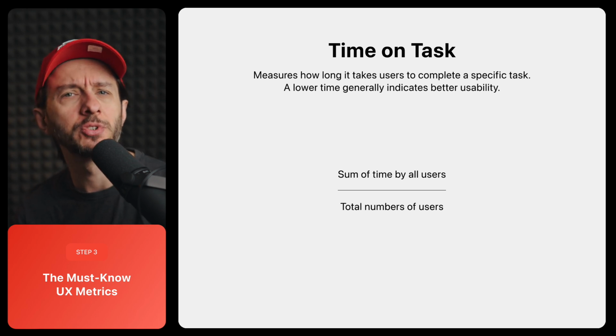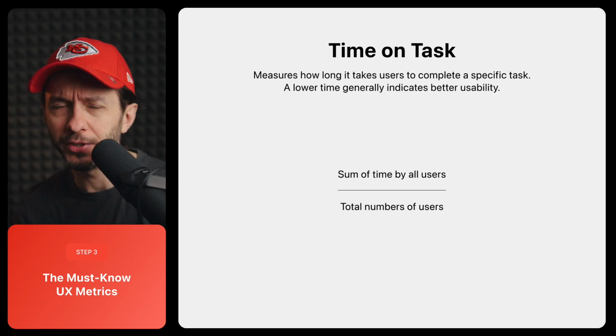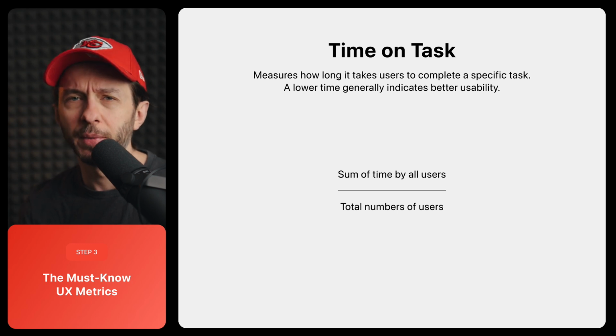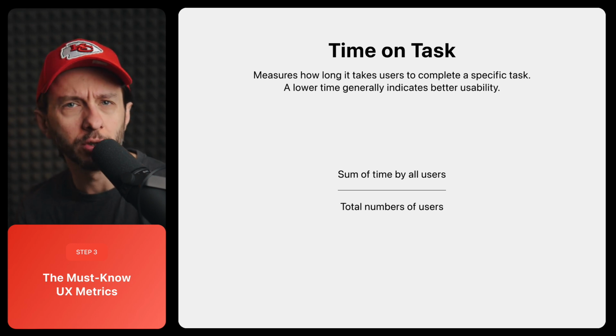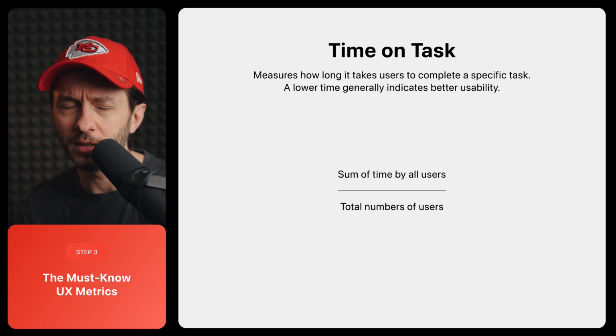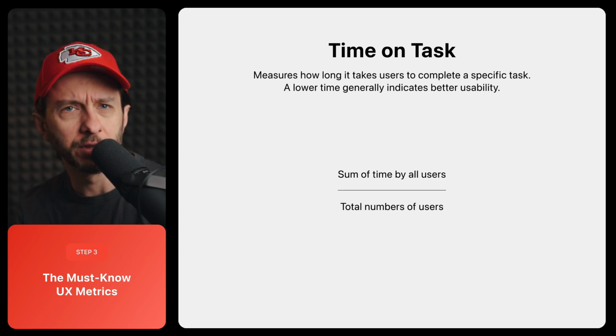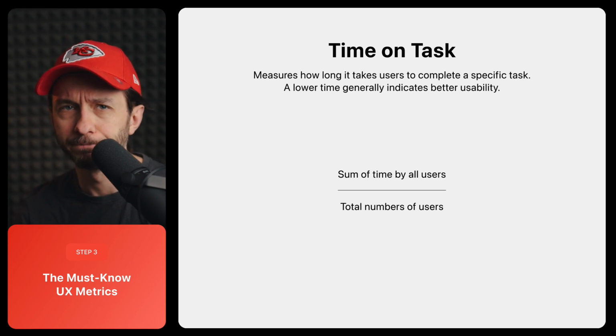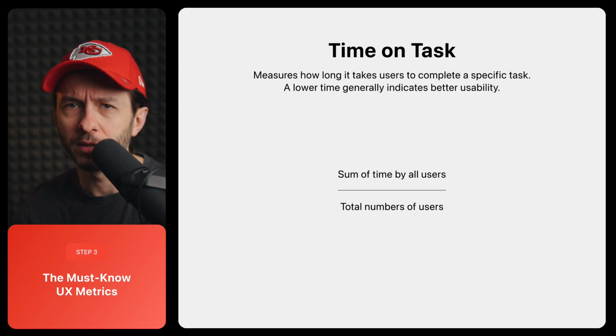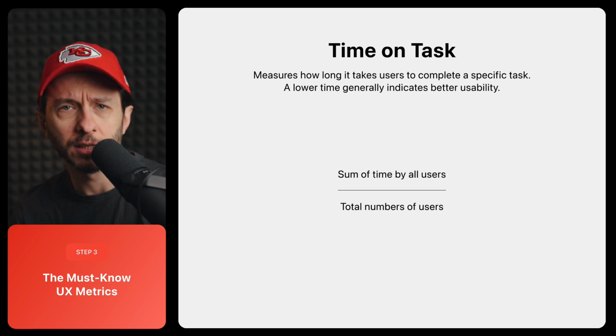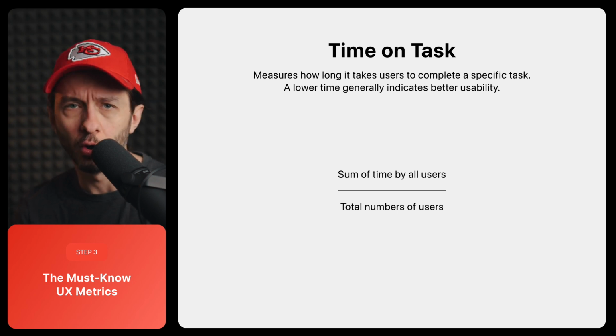A lower time generally indicates better usability. Why it matters? If tasks take too long, users get frustrated and abandon them. Benchmark, keep it under 1.5 times the expected time. Example, if booking a flight takes over 5 minutes instead of 2, something is wrong.